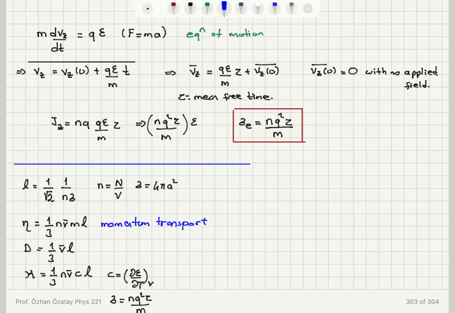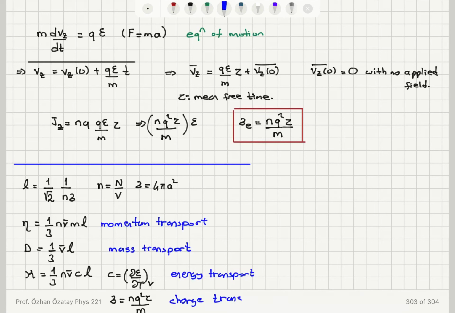So in the case of the diffusion process, we have mass transport. We're actually transporting particles. In the case of thermal conductivity, we have transport of energy. And in the case of electrical conduction, we have charge transport.